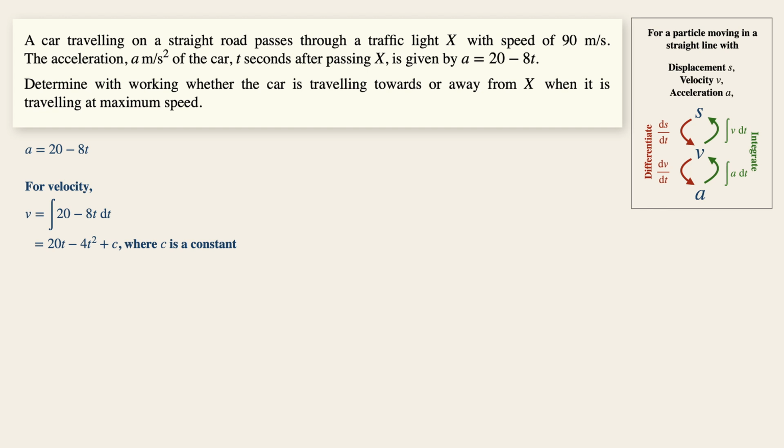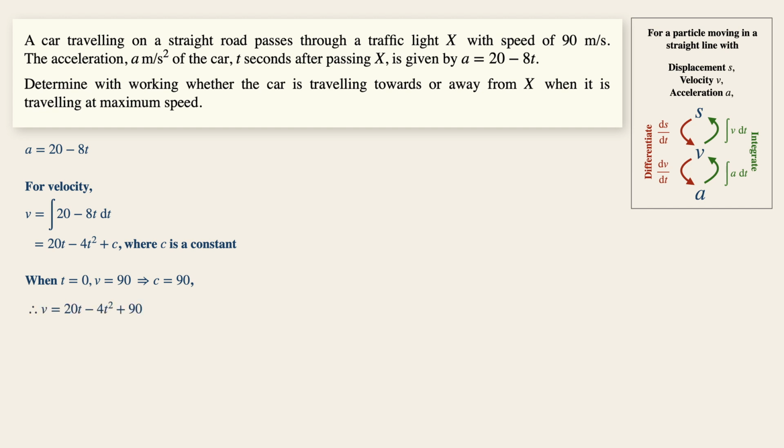To get c, we make use of the information in the question. Notice that at t equals 0, when you first start the stopwatch, it passes through X at 90 meters per second. Substitute these values into the velocity equation, and c is simply 90. Thus, this is the velocity equation.